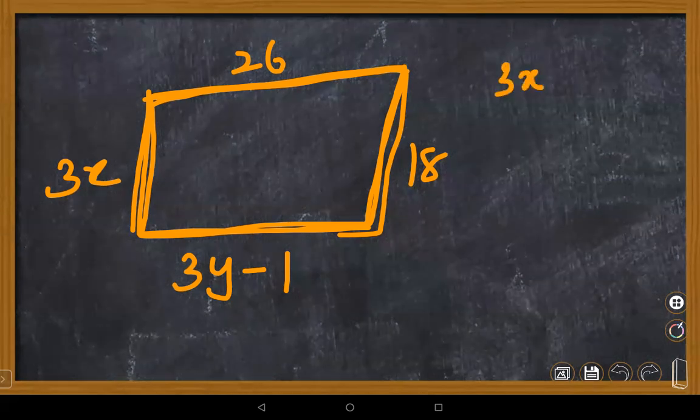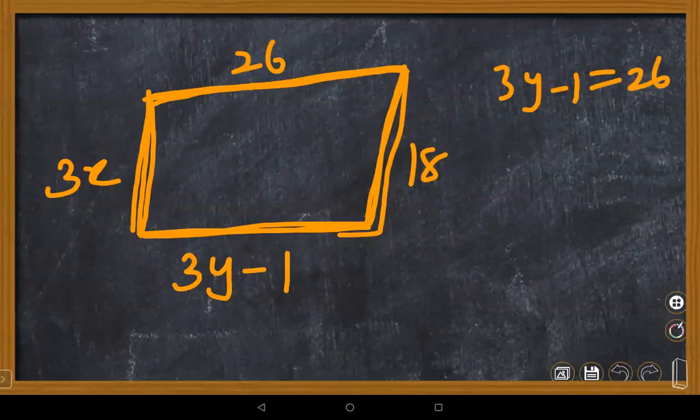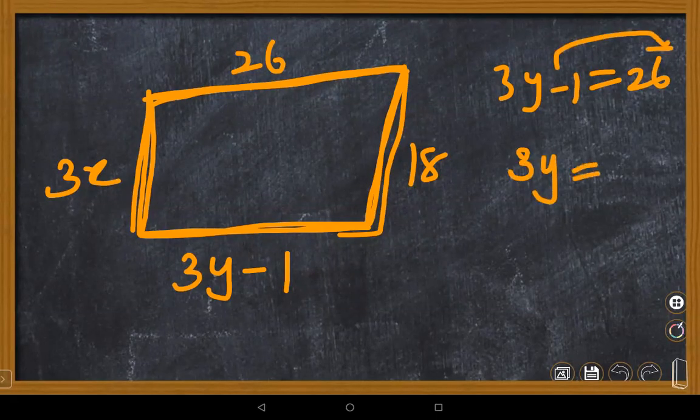Just a minute, Nitya. I will come to you. 3y minus 1 equal to 26. Right. So 3y equal to 27, that is 26 plus 1.